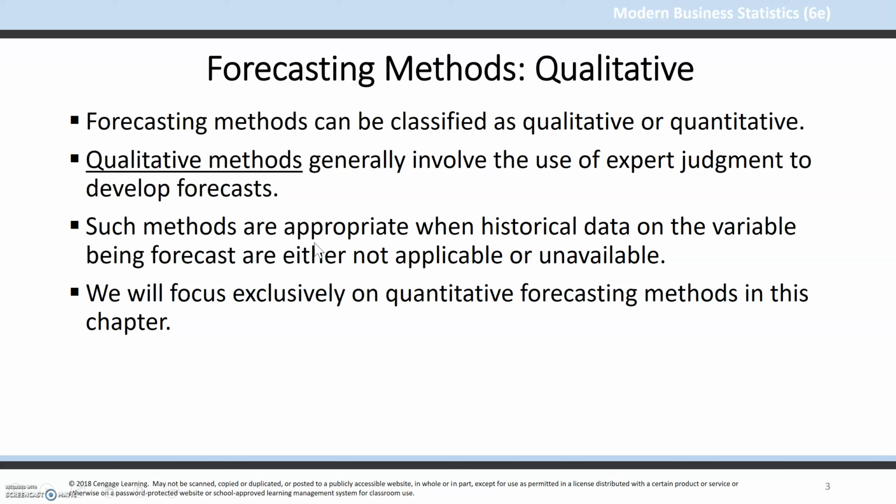We prefer the quantitative because with quantitative, there's numbers. We can look over those numbers and run some analysis and some statistics on it. That's mostly what we're going to be focusing on in this chapter, is the quantitative part of forecasting, but you can have some qualitative forecasts.